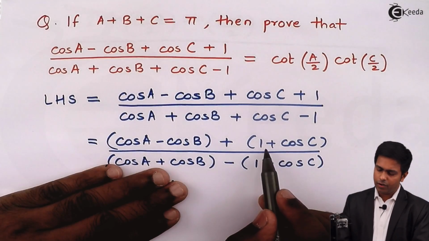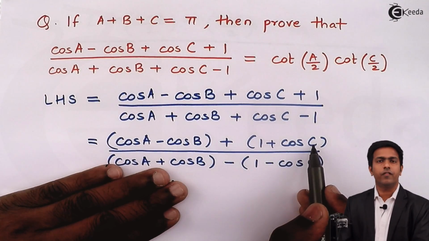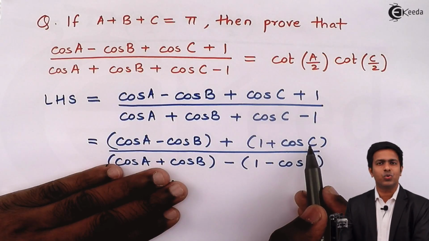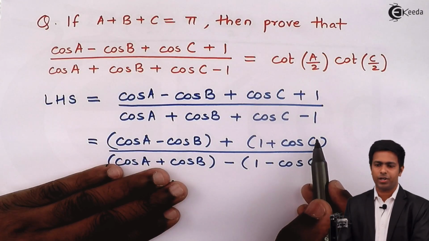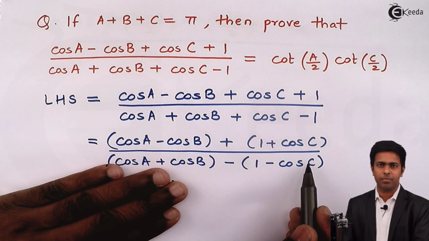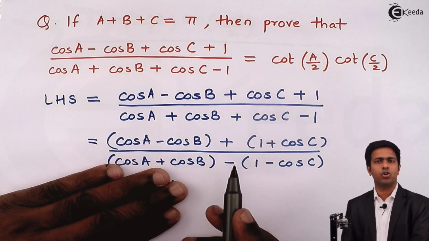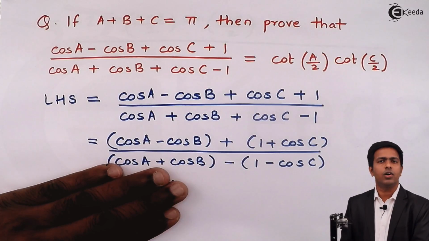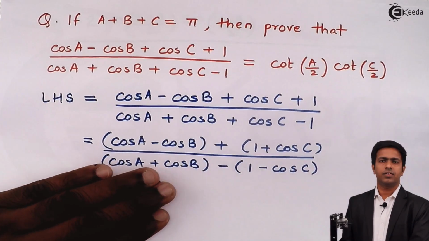Here similarly for 1 plus cos C we know that it is 2 times cos square C by 2. Here 1 minus cos C is 2 times sine square C by 2, and for cos A plus cos B we will apply the formula of factorization.